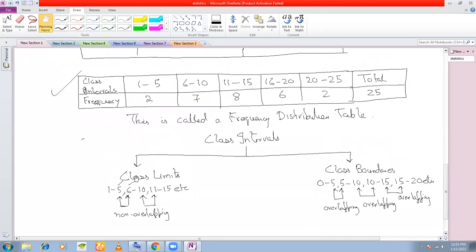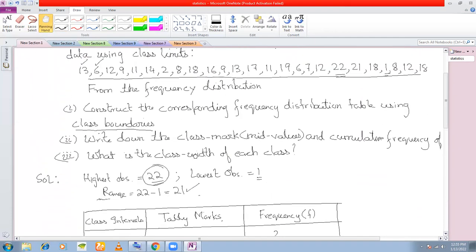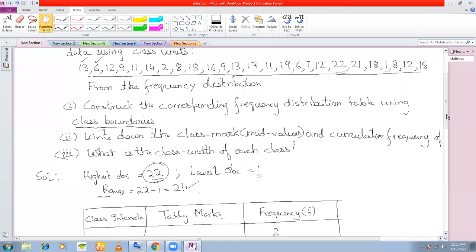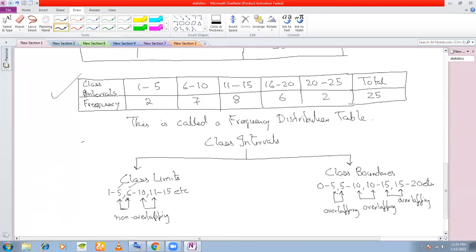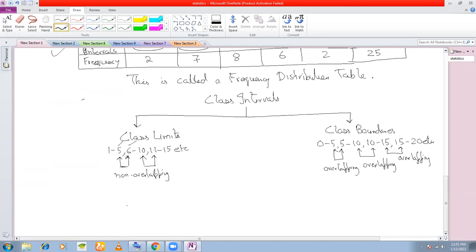Now we shall answer the first part of our question. The question here is: construct the corresponding frequency distribution table with class boundaries. Now if you see, this frequency distribution table contains what? These are class limits, right? Now we are going to convert this to class boundaries. How do we convert these to class boundaries? Again, we'll draw this table.